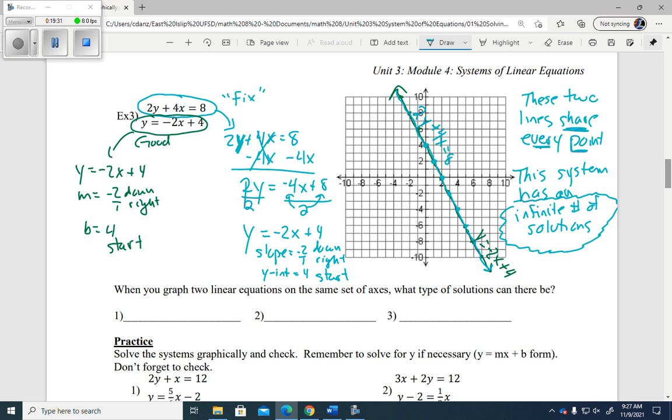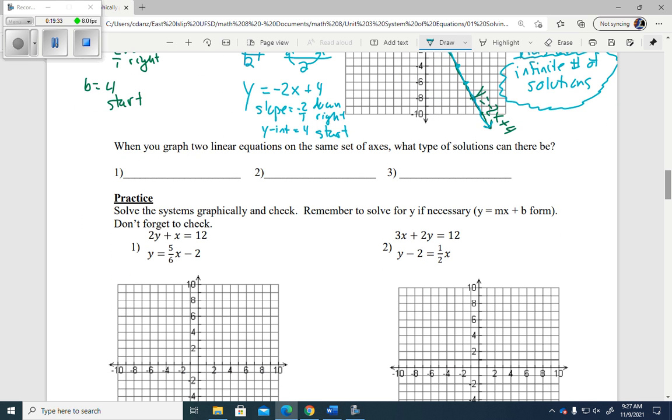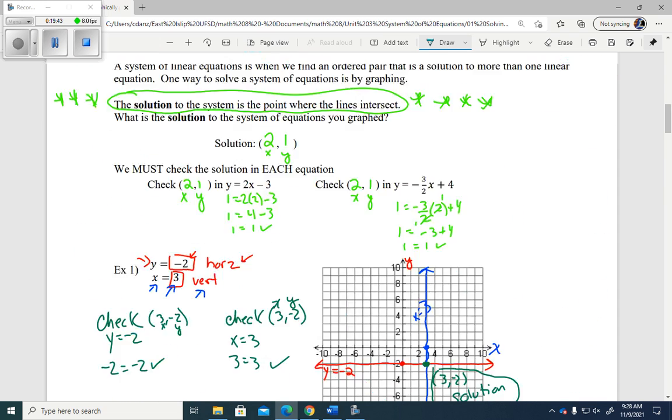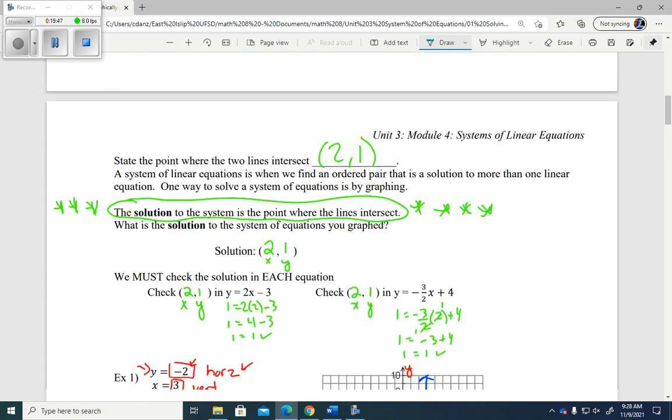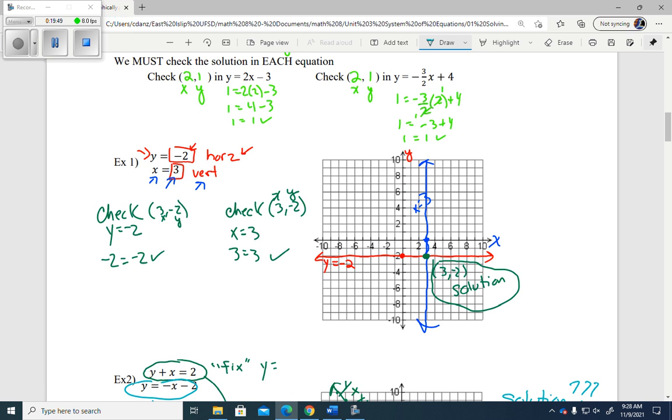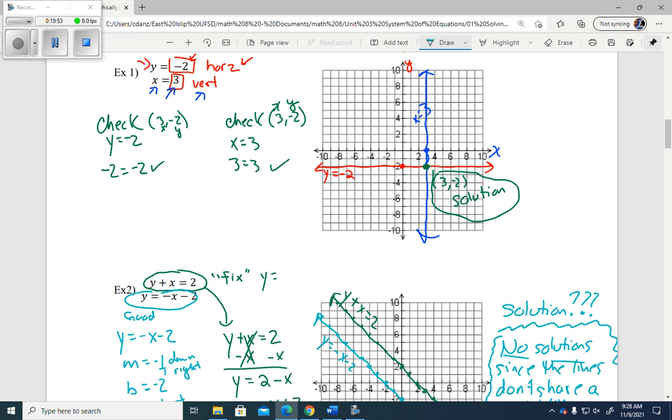So let's sum up now. So when you graph 2 linear equations on the same set of axes, what type of solutions can there be? So our do now showed that you can have one solution. Our example number 1 showed one solution, right? So we can have one point of intersection.